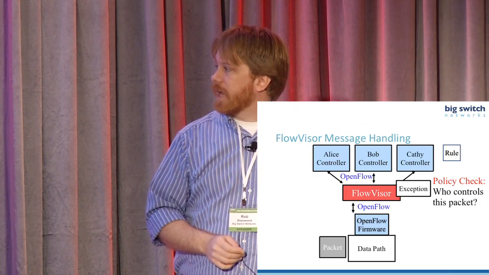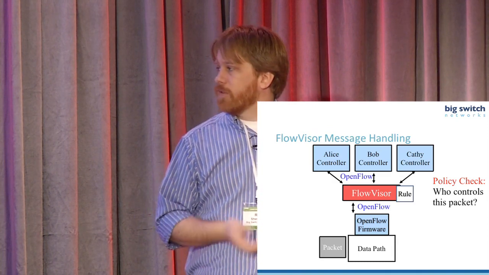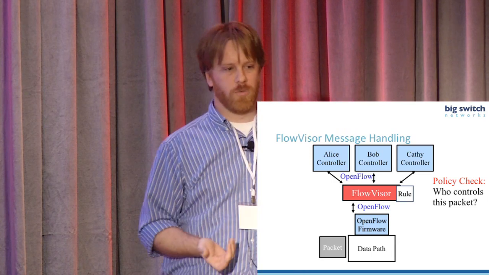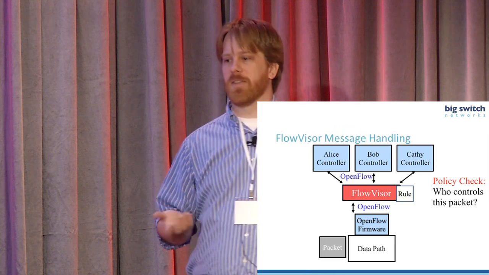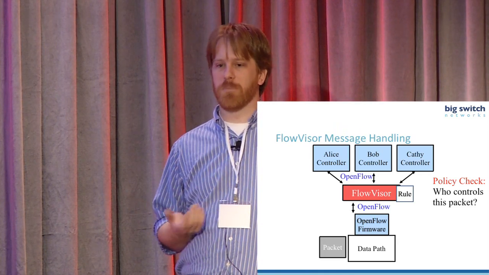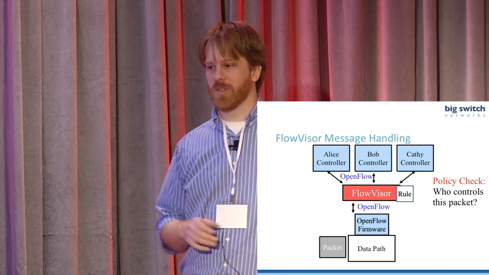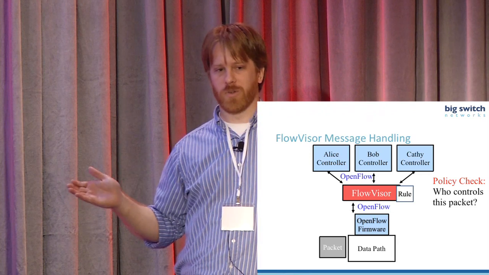Kathy sends this down to the FlowVisor, thinking that it's a switch. The FlowVisor, in turn, does a second policy check. It says, Kathy just asserted a rule. Is Kathy allowed to do this? If not, can I rewrite this to what I think Kathy actually meant? A common case is Kathy says, delete everything, I'm going to start again from scratch. And this gets rewritten to delete everything that Kathy's allowed to control.